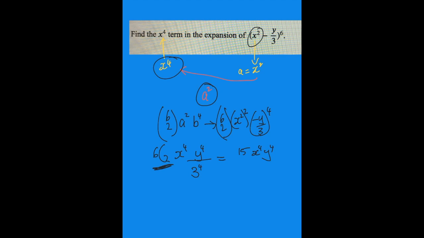And that is all over 3 to the power of 4. 3 to the power of 4 is 81. But you really need to simplify this, so divide these both by 3. So then you're going to end up with 5 over 27. You still get this right, but you would miss out by not simplifying it all the way down to this point here.